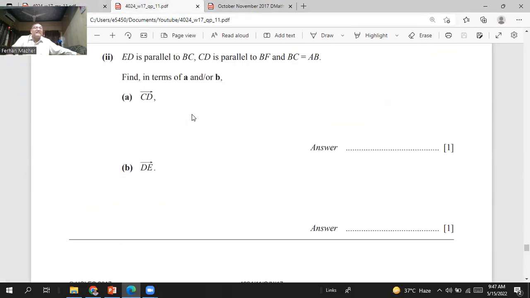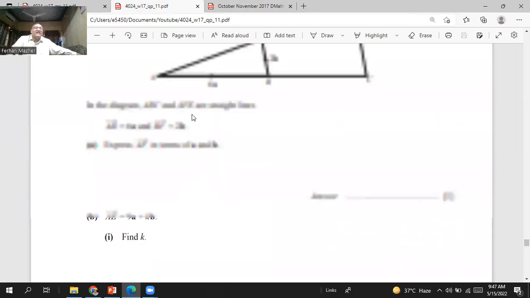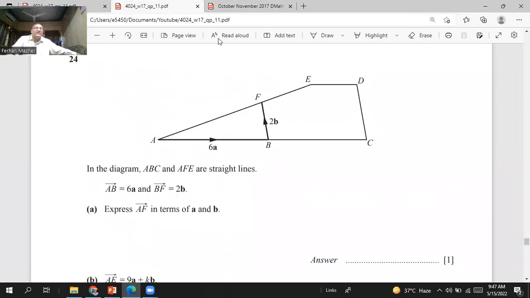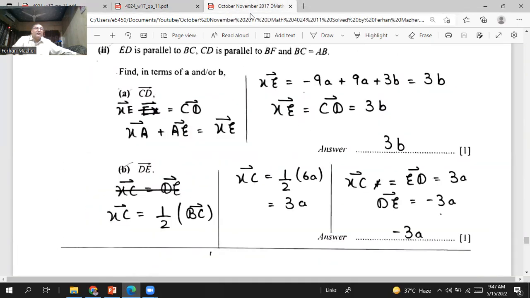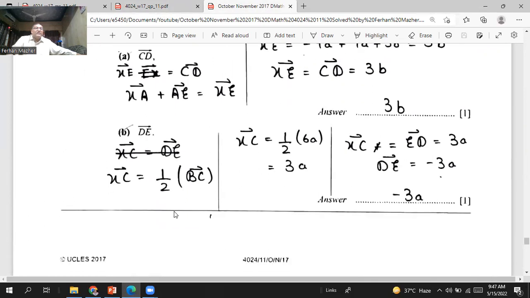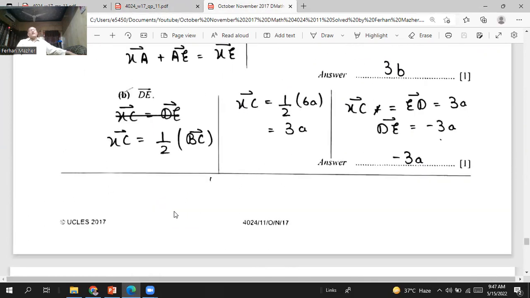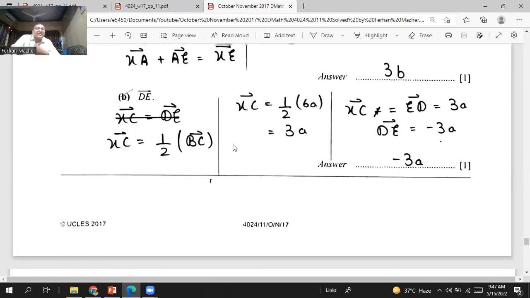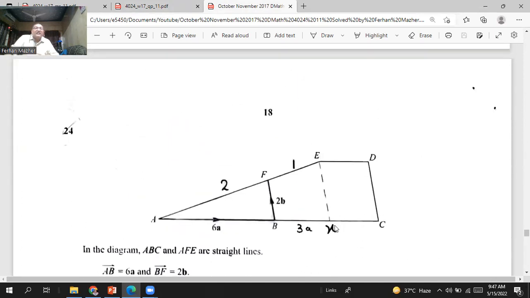Then they say find the DE, D to E. XC is equal to 1 by 2 BC, so XC will be equal to 1 by 2 of 6A.